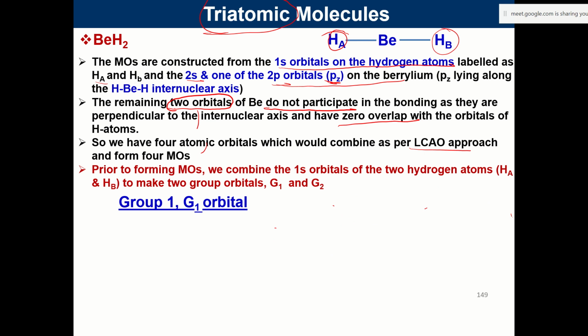So how do we do this? Group 1 is the in-phase combination of 1s orbitals.